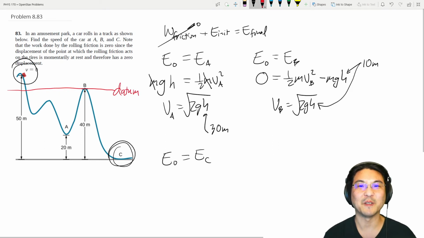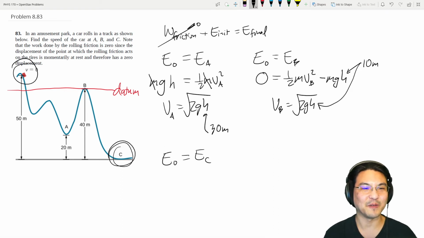My point is that you can choose your datum wherever you want. It doesn't matter. So if we pick here, initially kinetic energy is 0, gravitational potential energy is mgh initial, where this is the height above the datum, 10 meters.